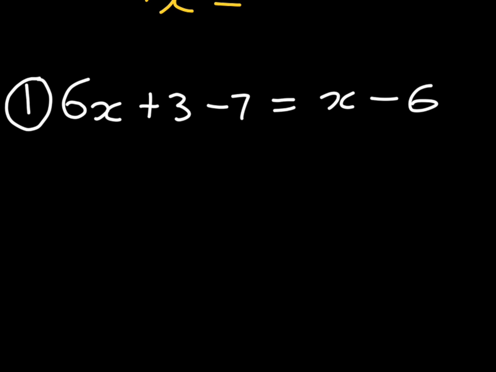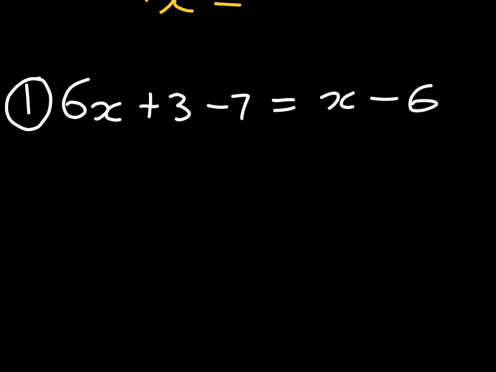If you wish to, you can move your variables to the left-hand side first, and then move your constants across to the right-hand side. But for these examples, I'm going to be moving the constants to the right-hand side first, and then I'll be moving the variables to the left-hand side.